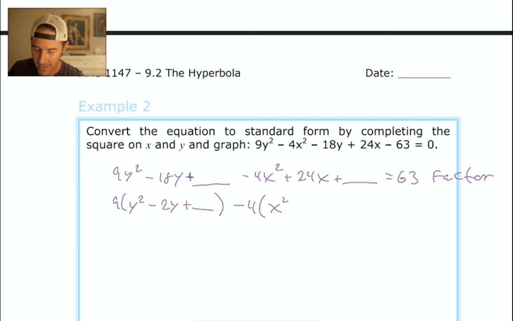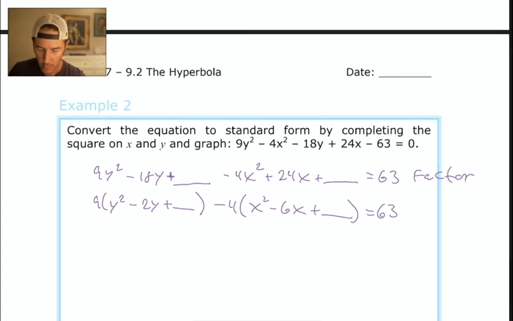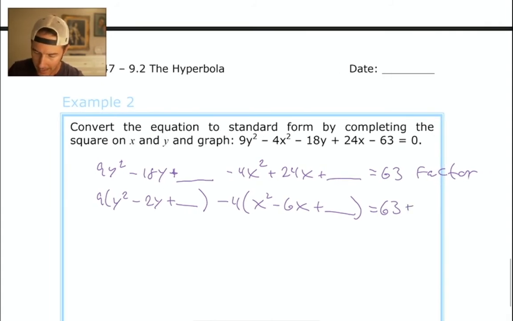And when I factor a negative out of this positive, the sign is going to switch and it's going to become minus 6x plus something equals 63. And let's do it correctly on the right-hand side this time. We know it's coming. We're going to add 9 somethings, and we're going to subtract 4 somethings.